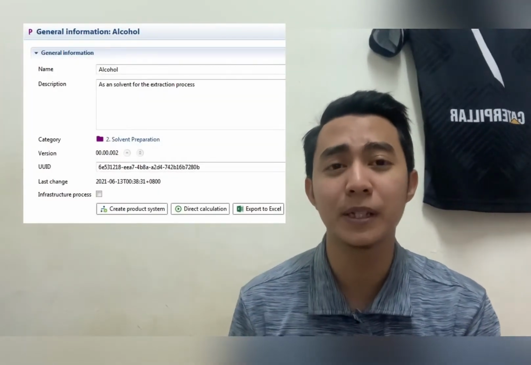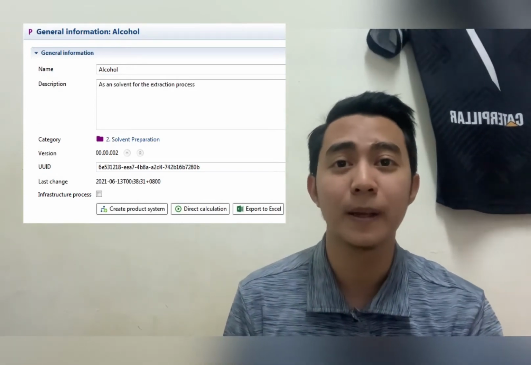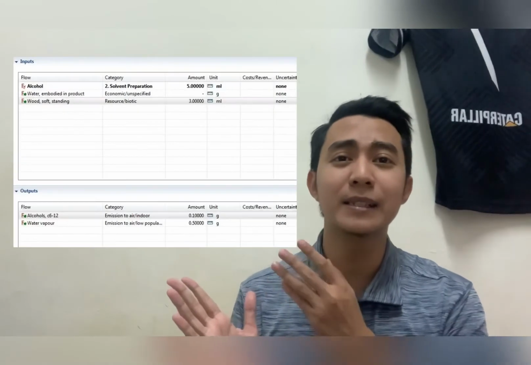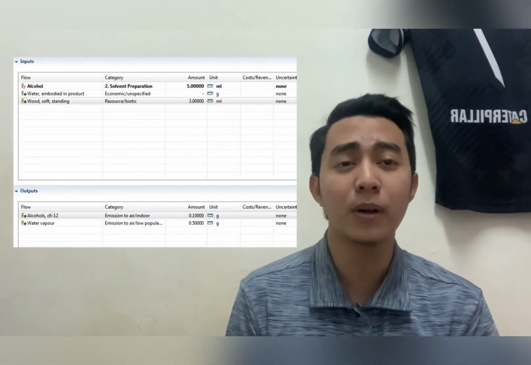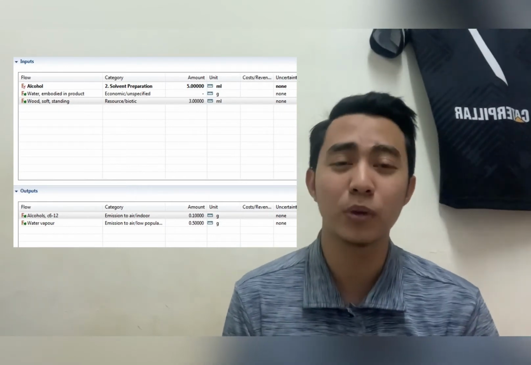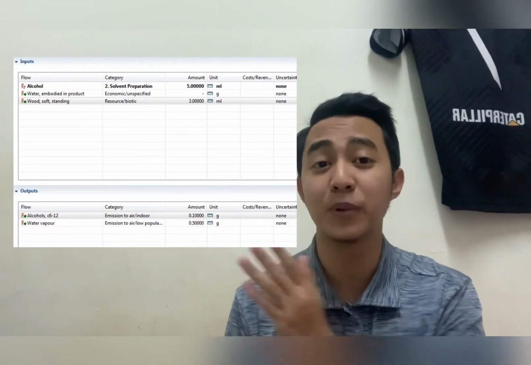Next is the solvent preparation, which includes alcohol, organic solvent and water. Here, this is the output and input data for the alcohol, water and organic solvent which were used in the process for the perfume production.